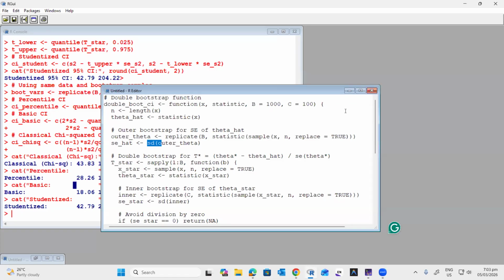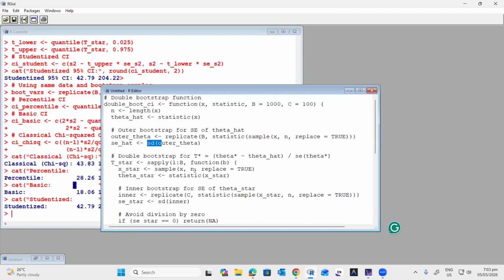Here we will compute the studentized statistic for each outer bootstrap. This is our T star. That T star is basically the studentized bootstrap statistic, that is theta star minus theta hat divided by the standard error of theta star.